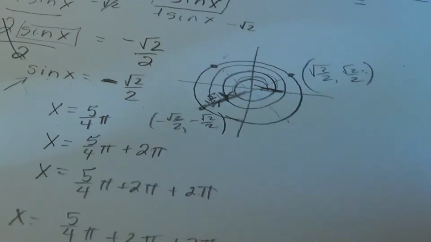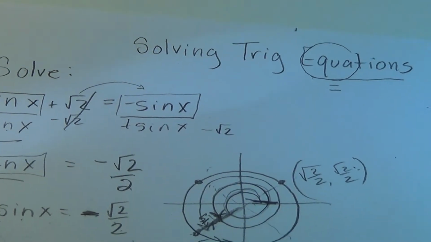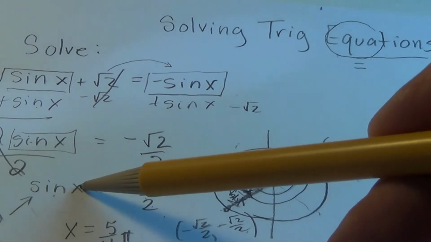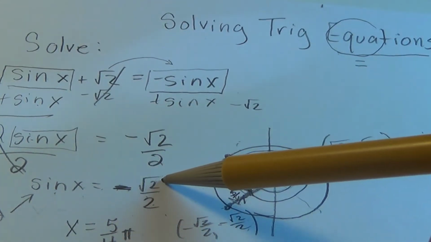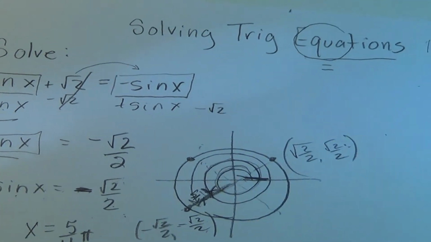All right, now back to our unit circle. You recall that we were looking for a place on our unit circle where the angle had a sine of negative square root of 2 over 2. Is there another place besides all those coterminal ones?